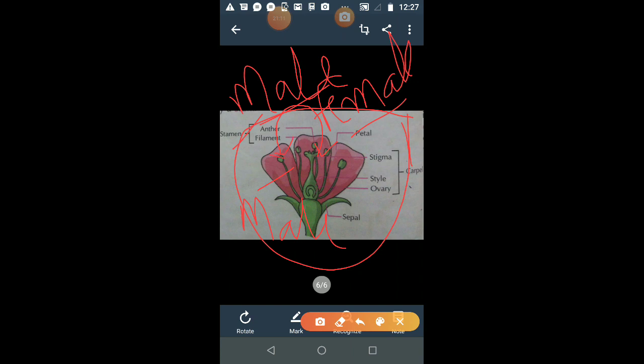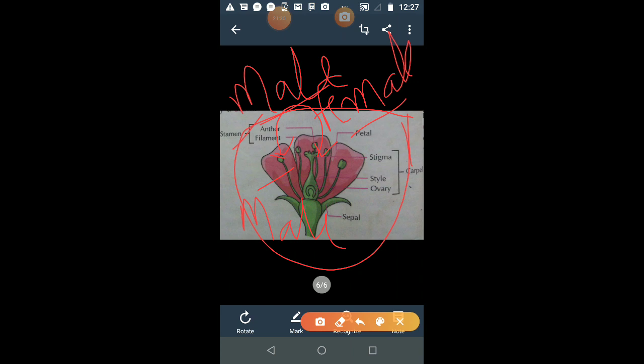Pollen grains enter the stigma of the same flower, because the same flower has both male and female part.